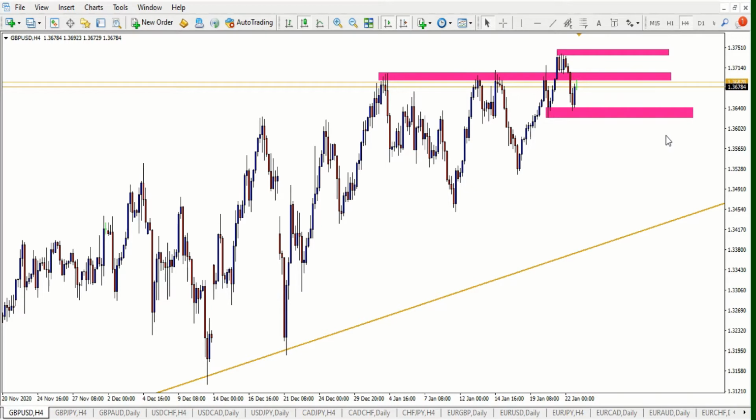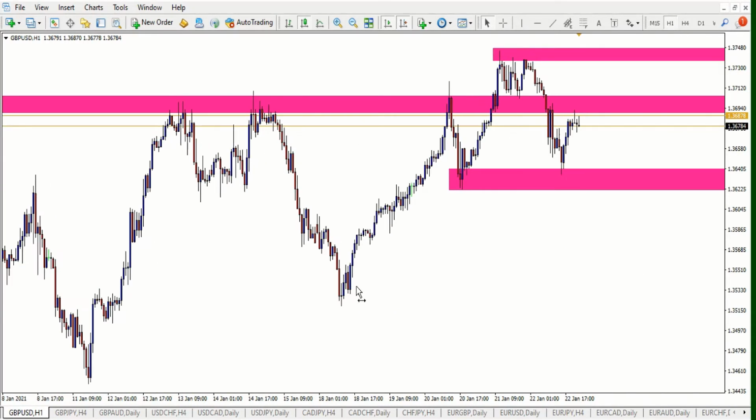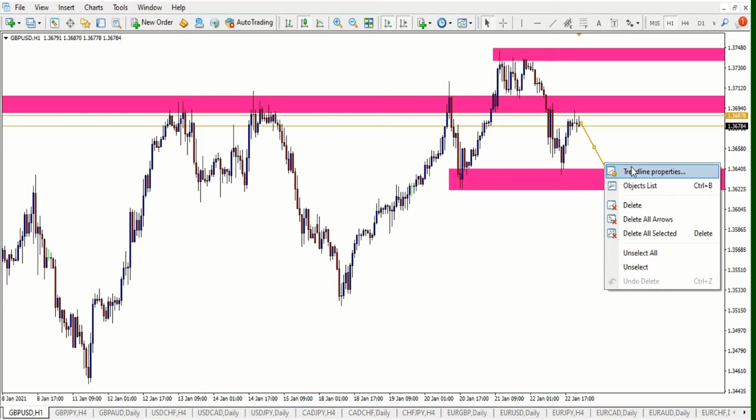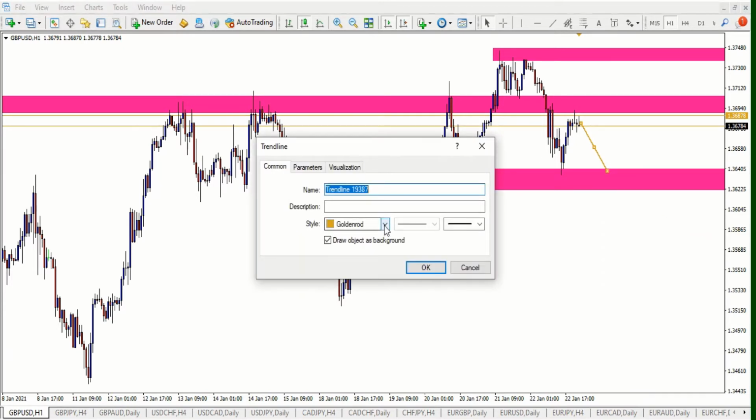Okay, so we're looking for the market to do one of these things. So the market will either come back down to the zone. Let me make that black. Always forget to change it before I start the video.